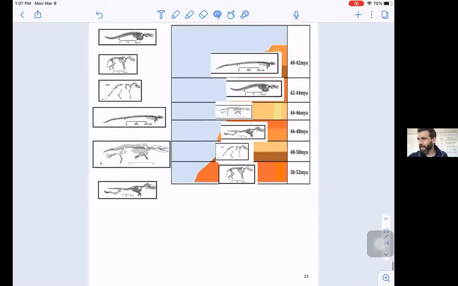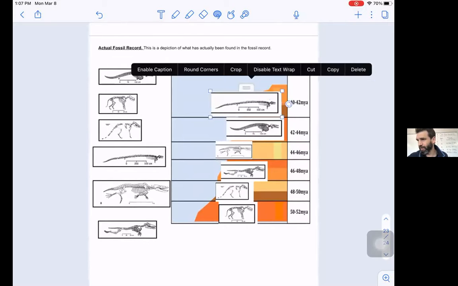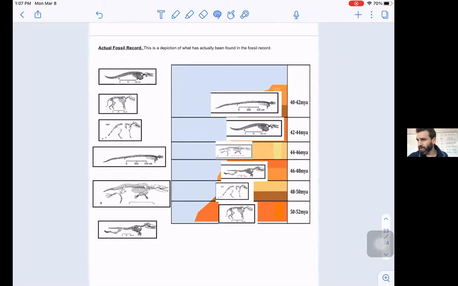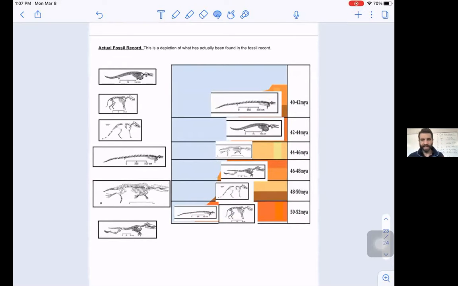So if we saw a fossil like this that we found in rocks 40 to 42 million years ago, and we also saw it down here, scientists would really have to reconsider our understanding of evolution of whales in this sense.